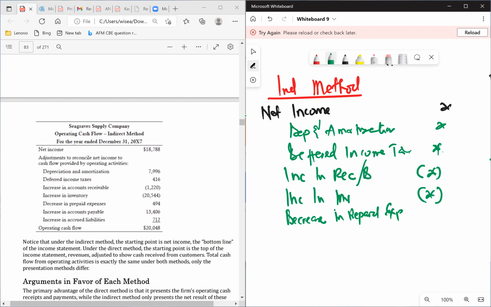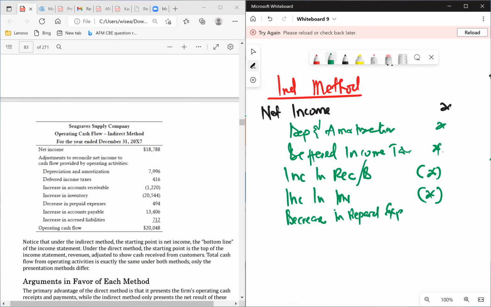So if there is a decrease in the prepayment, it means cash is staying with you. So reduction in your prepaid expenses should increase your cash. But the same way, increase in prepaid expenses means that there is additional cash committed to some license or some expenses, and that will reduce your cash.